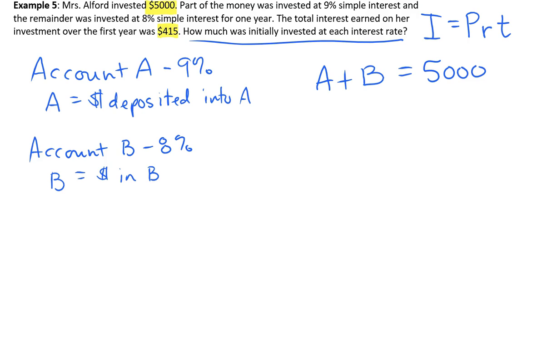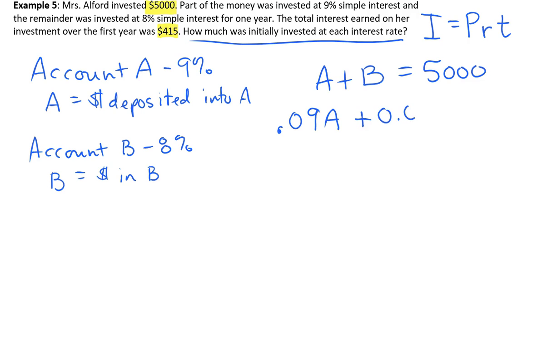Well, we know that the interest that came from account A was 9% of the initial deposit into A. So if I want 9% of A, this means I want 0.09 times A. That would give me 9% of A. You can also think of this as 9 out of 100 times A. Plus, and from B, we need an 8% interest.